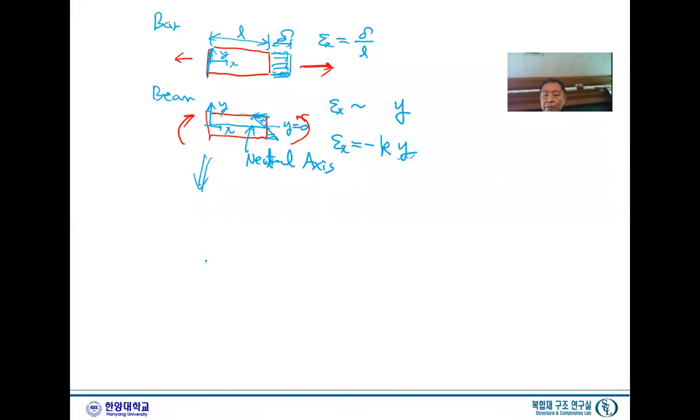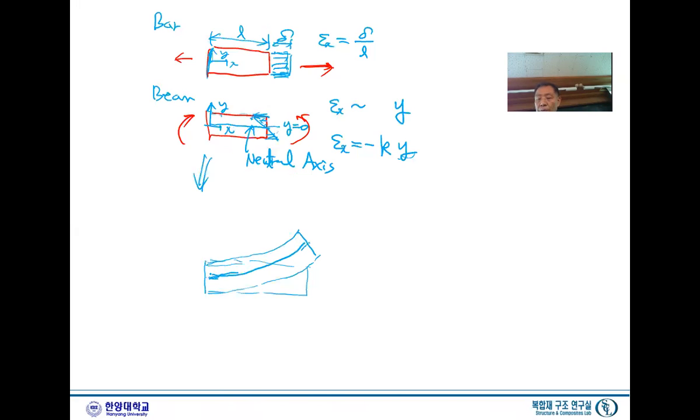Now, I'm going to go a little bit more into this one. I'm going to use, with respect to the left-hand side, this one as the before deformation. Now, this one will rotate, and it goes up like that. And this is the important observation. This line had no extension, no contraction.